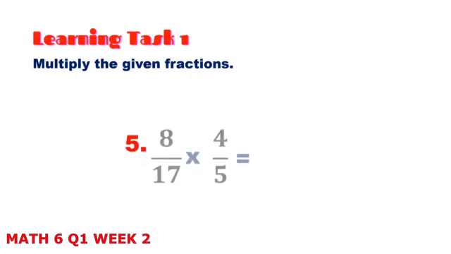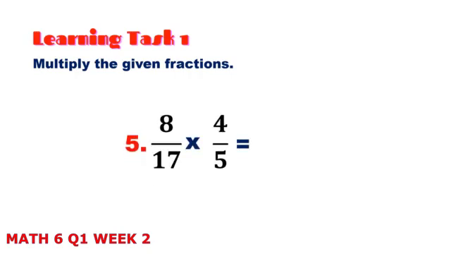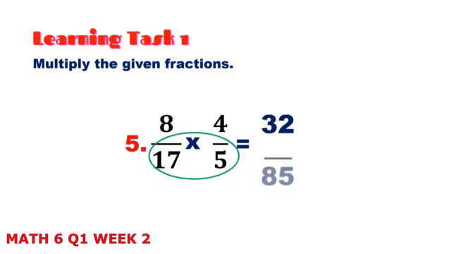Number 5. 8/17 times 4/5. 8 times 4 equals 32. 17 times 5 equals 85.